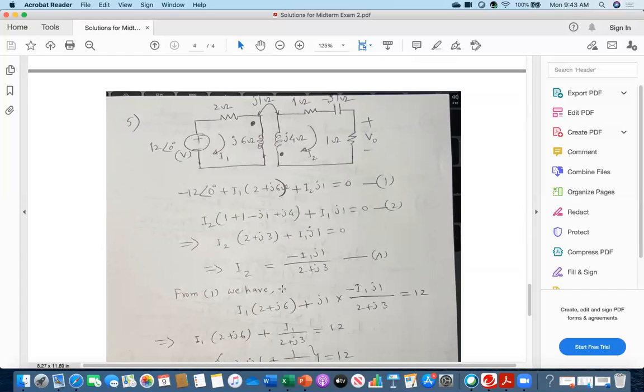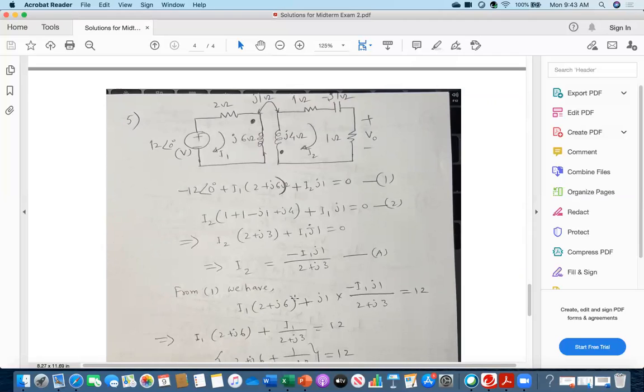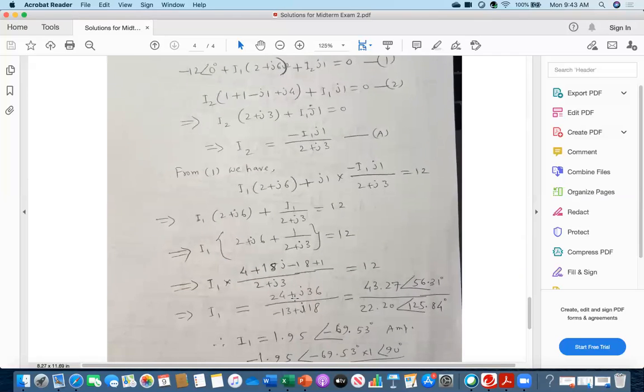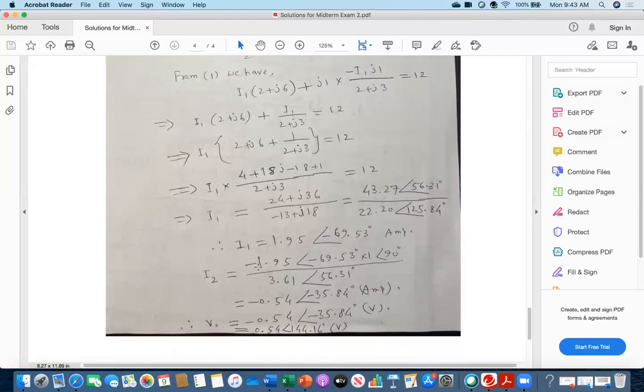I substituted I2 in equation 1, and first I got I1 value 1.95 angle minus 69.53 degree ampere, and then I got I2. Finally, the result V0 is 0.54 angle 44.16 degree.